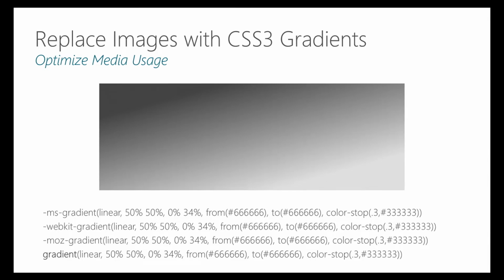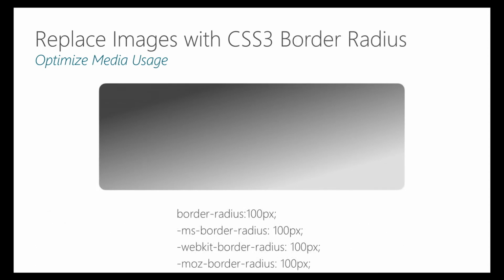So if you need to create a gradient effect, use CSS3 gradient. On the same concept, you could also use a lot of other CSS3 features like border radius, right? How many of you use border radius?